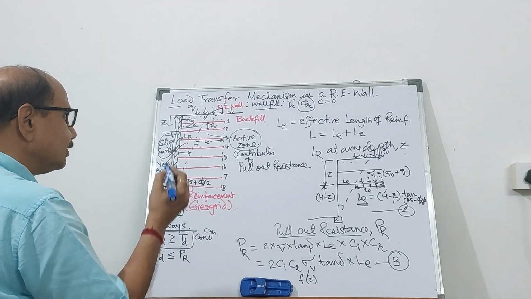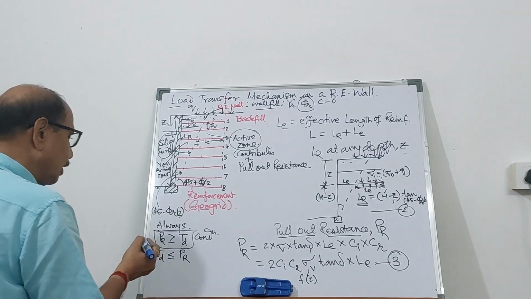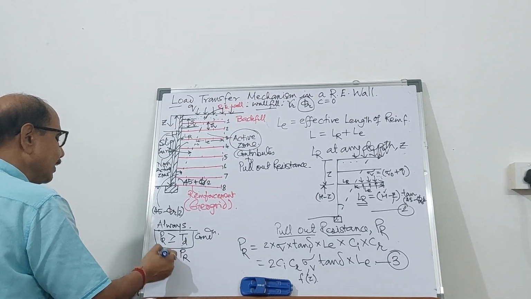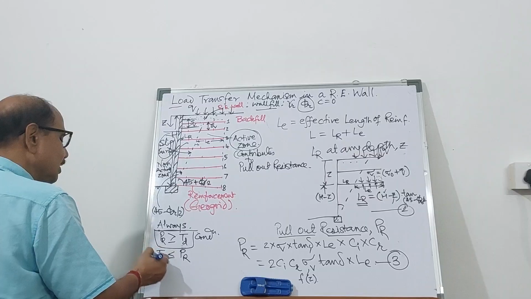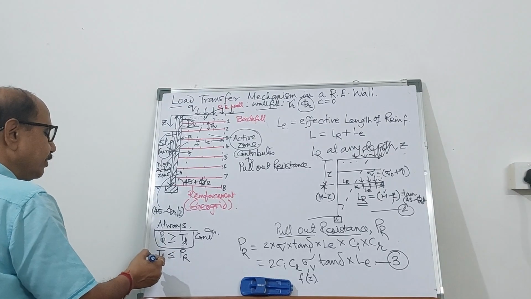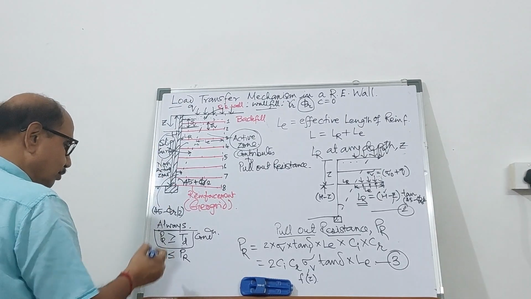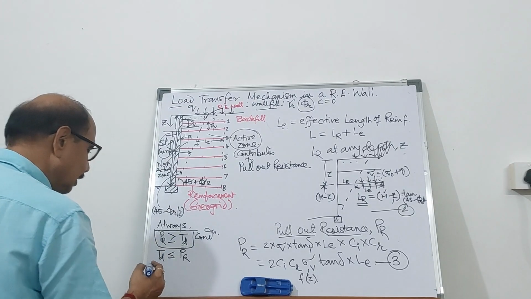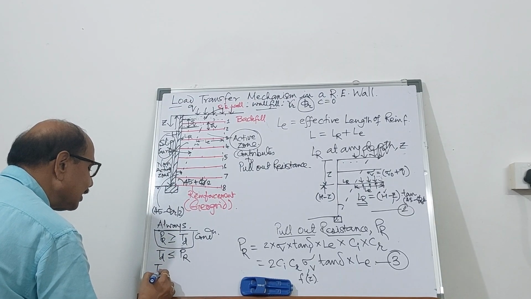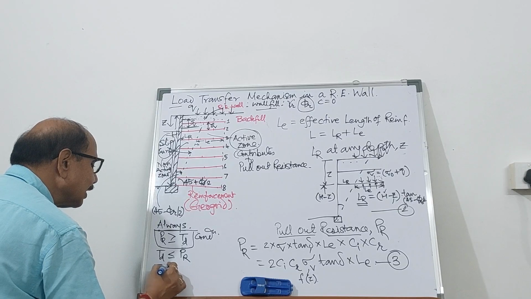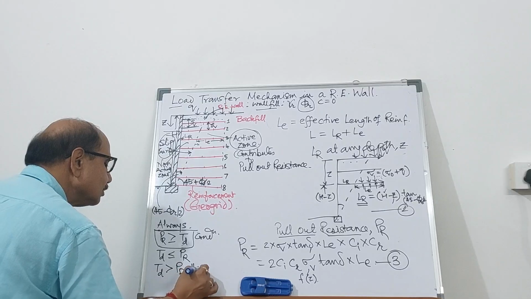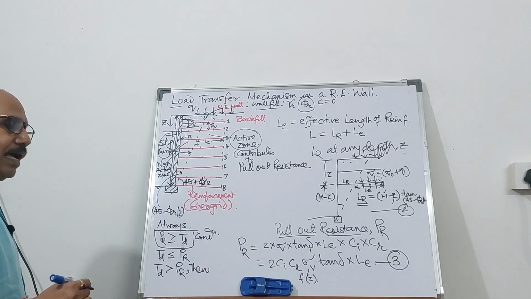So pull-out resistance you have seen in expression 1, expression 3, and the tension that is getting developed, you have seen it, PHR into SV divided by CR in equation 1. That must be less than or equal to PR. The moment this TD is greater than pull-out resistance, then what will happen?